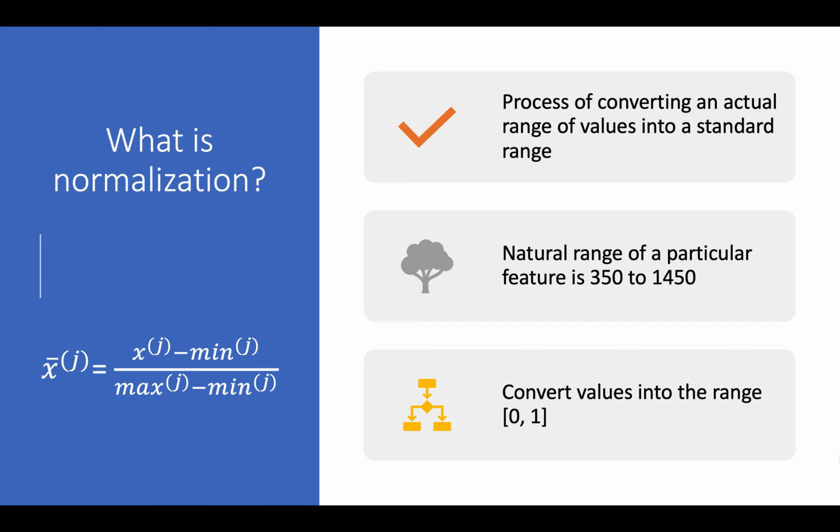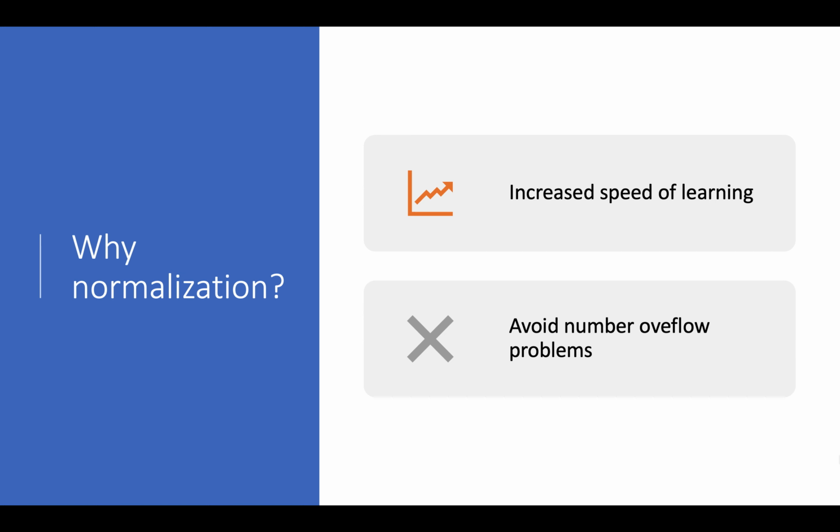But there's another question that we want to answer, and that is, why do we normalize? Normalizing data is not a strict requirement. However, in practice, it can lead to an increased speed of learning. I hope you still remember the gradient descent example from the previous videos. Now imagine you have a two-dimensional feature vector.